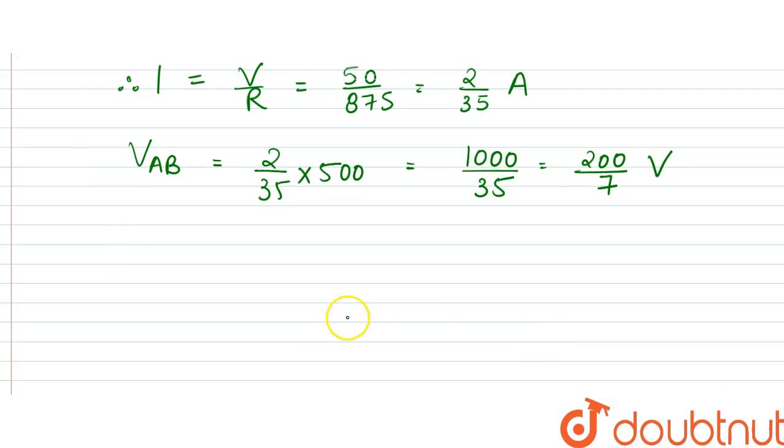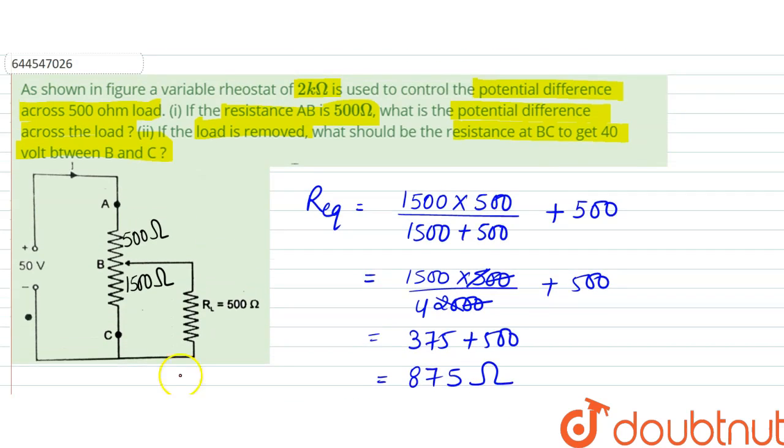So the potential difference across the load resistance RL would be equal to 50 minus 200 by 7. 50 into 7 is 350, 350 minus 200 is 150 by 7 volts. So that is the voltage.